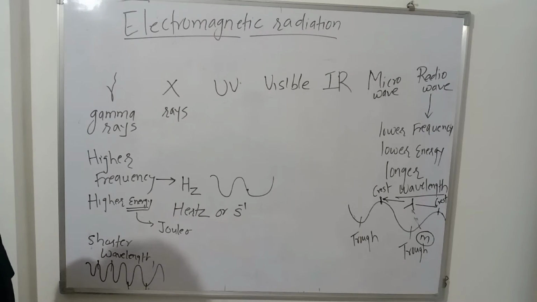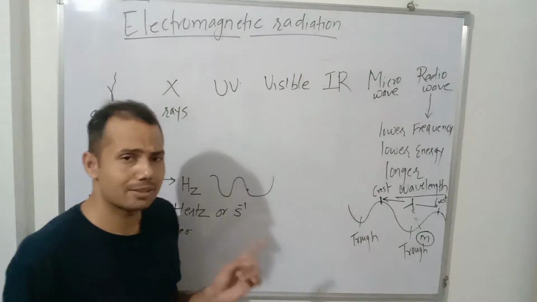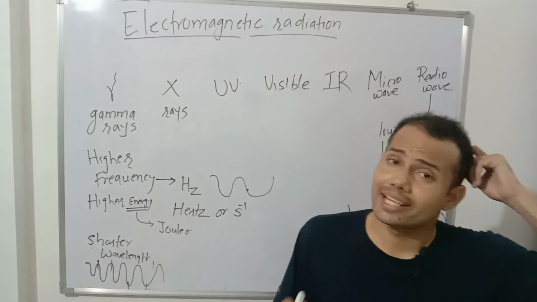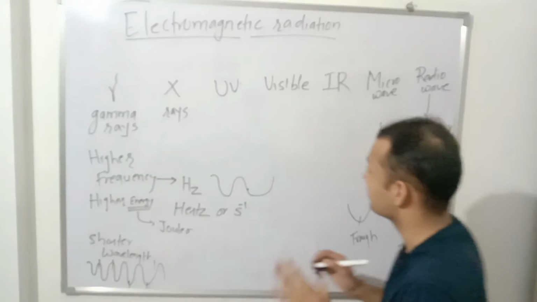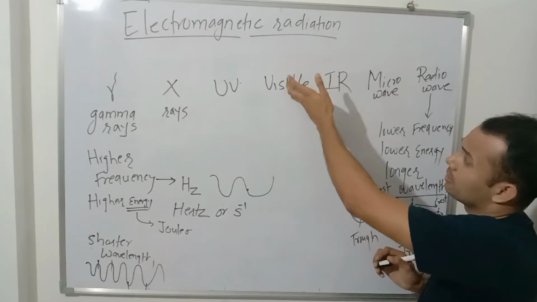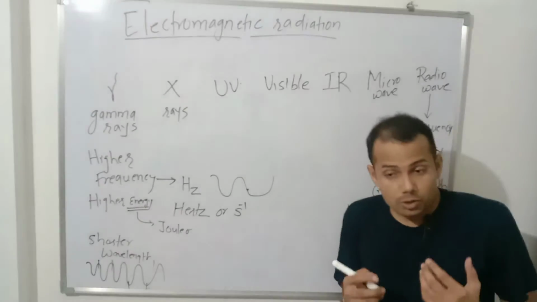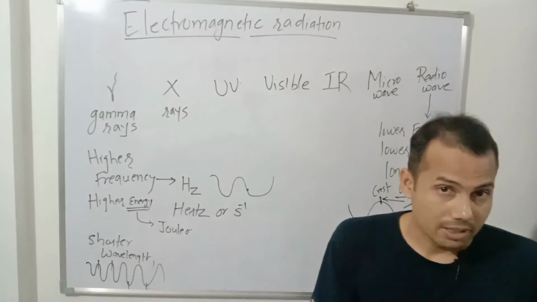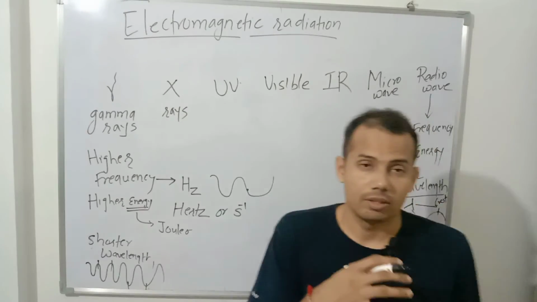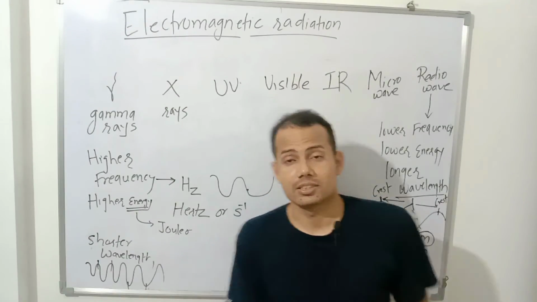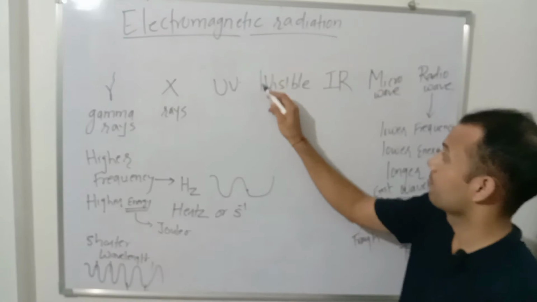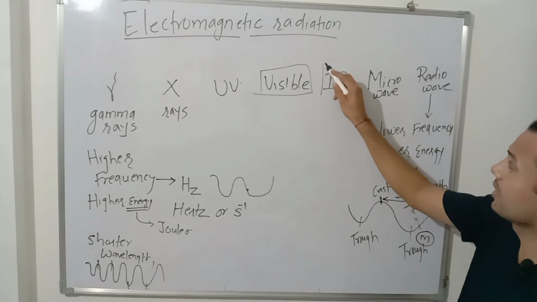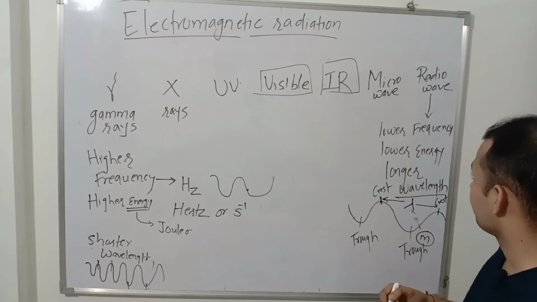Now if I talk about visible light, it has an intermediate frequency, not too high and not too low. That light we can see, and it has 7 colors, VIBGYOR.